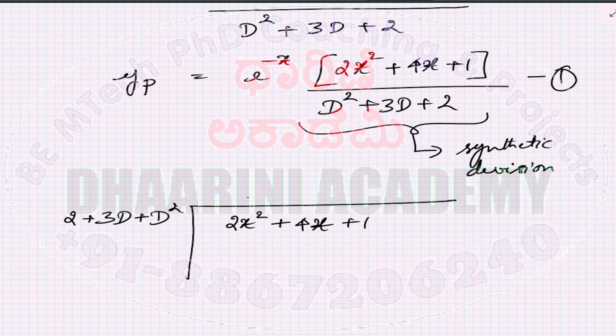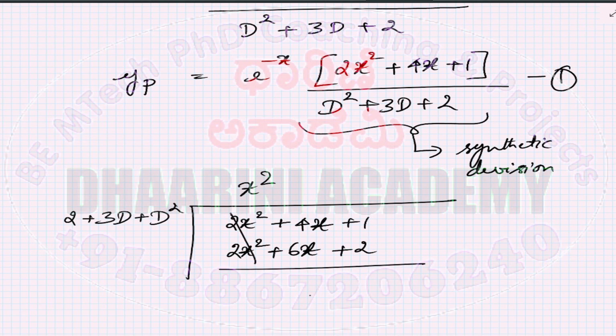All right, so I need to get a 2x square here, so there is a 2, I need to write x square. But 3 times differentiation of x square is going to give me a 6x, and double differentiation d square of x square is nothing but 2. All right, so this gets cancelled. So 4x minus 6x is minus 2x. 1 minus 2 is minus 1.